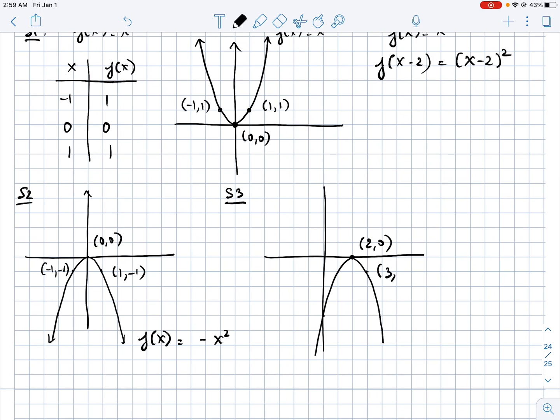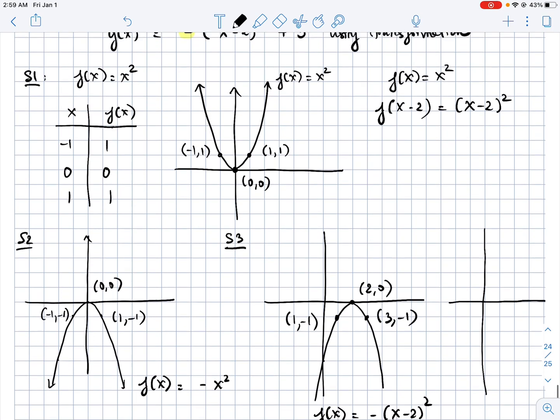So we will get this point from 0, 0, move to 2, 0, 2 comma 0, 3 comma negative 1, and 1 comma negative 1. And after that, we write down the function f of x equal negative x minus 2 squared.